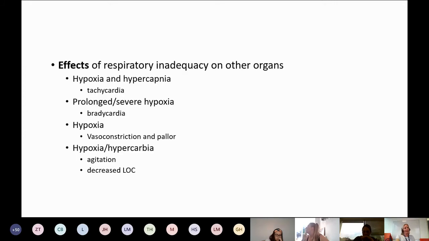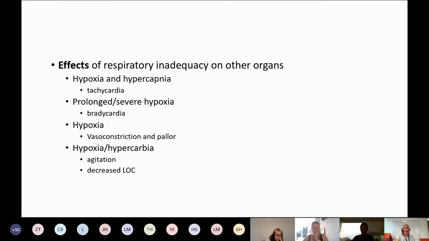And then just quickly as well, we talked about effort of breathing, we talked about efficacy of breathing, and we know that none of the systems of our body work independently. There are also effects of respiratory inadequacy on other organs. So hypoxia and hypercapnia: if you're not managing to oxygenate and you're not clearing your CO2, that will cause you to become tachycardic.